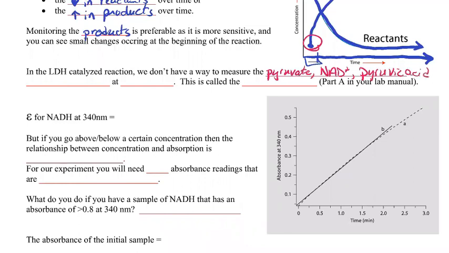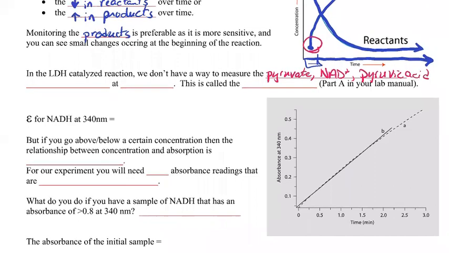So what can we do? Well, we want to measure NADH. We can measure NADH. I think I deleted something here. We don't have a way to measure NAD or pyruvic acid, but what we can do, let's just insert it here.